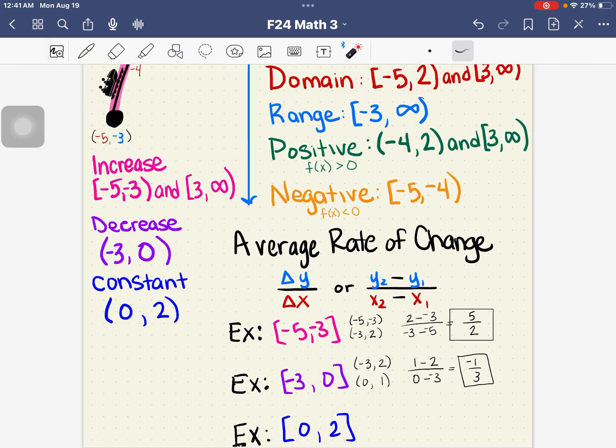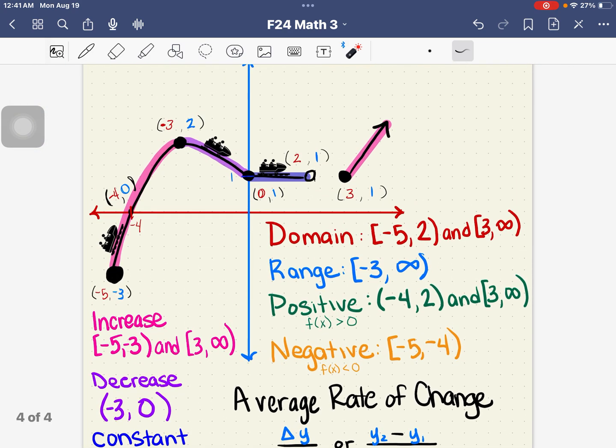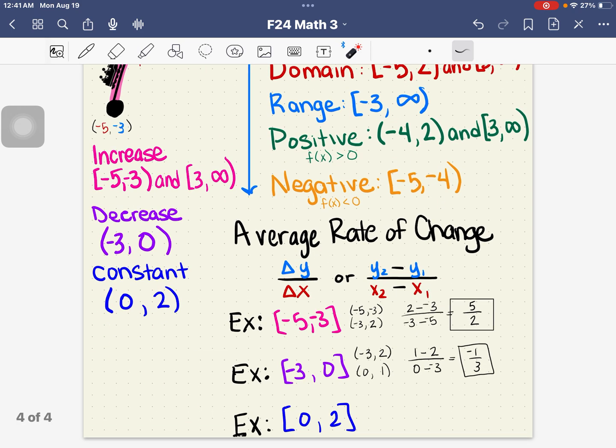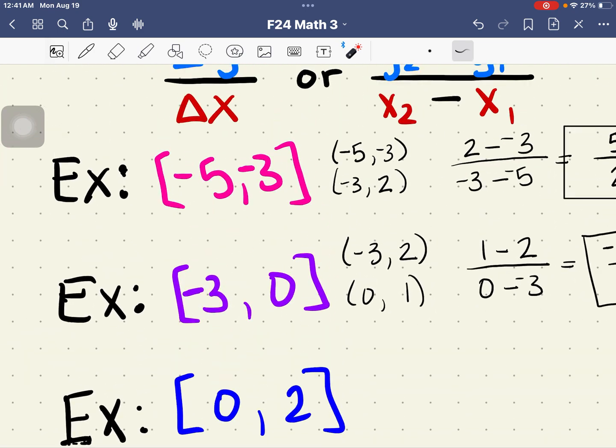All right, so let's take a look at the interval where it is constant. We're looking at between this point and this point, so between 0 and 2. At 0 the y value is 1, at 2 the y value is 1. So let's calculate that.